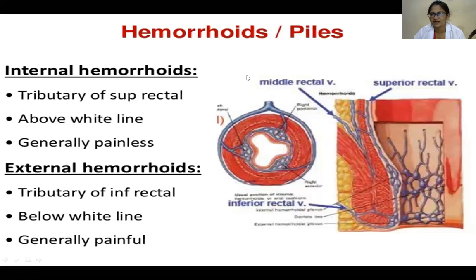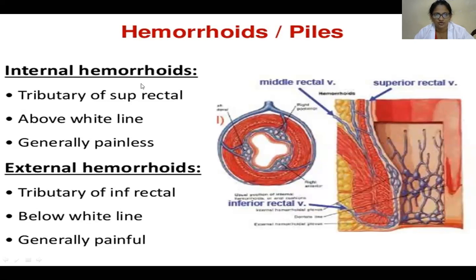Next, coming to the applied aspects of the anal canal. Hemorrhoids are also called piles. It is nothing but internal hemorrhoids and external hemorrhoids. You are going to see the internal hemorrhoids above the pectinate line, and below the pectinate line, we are going to see external hemorrhoids. These are the tributaries of the superior rectal veins.